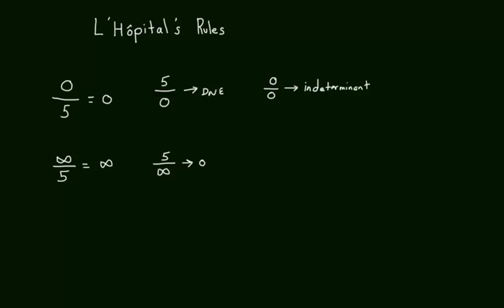So the next indeterminate form is infinity over infinity. So these are the two major indeterminate forms. We're going to look at some other really cool ones, but these are the two basics. I'm going to start off the lesson with these two basic indeterminate forms.